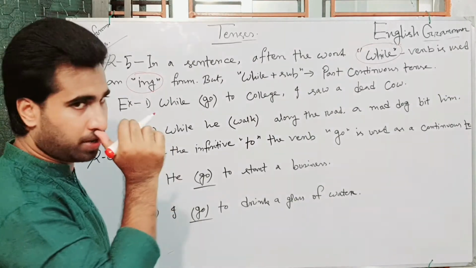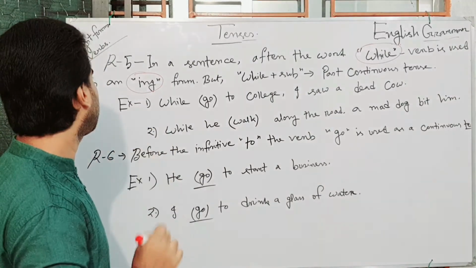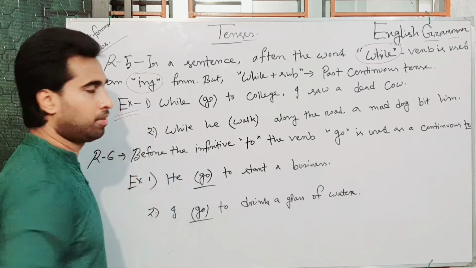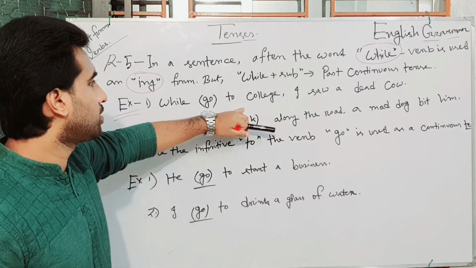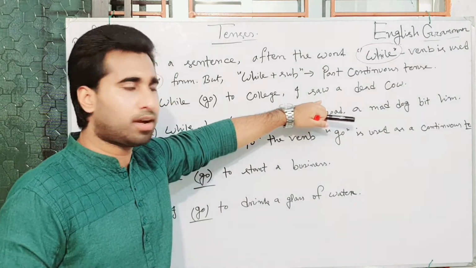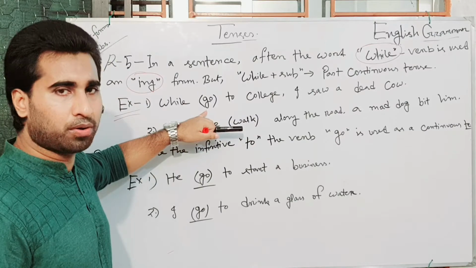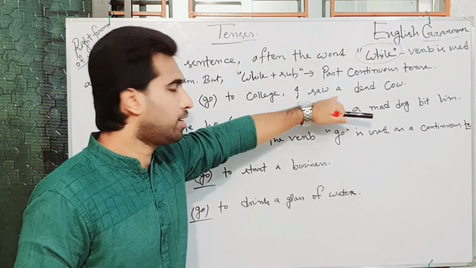So after "while" we have to use an ing verb. Look at this. First one: While (go) to college, I saw a dead cow. While (go) to college, here the verb is go. I saw a dead cow.